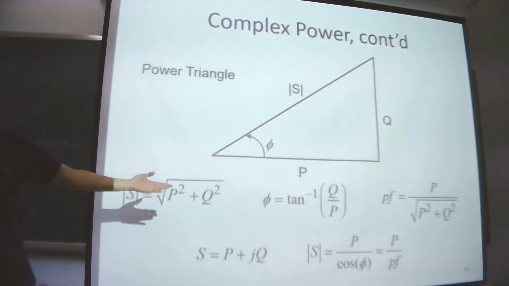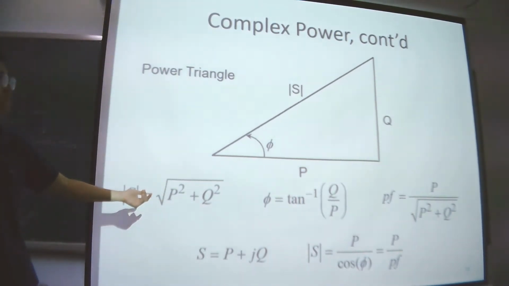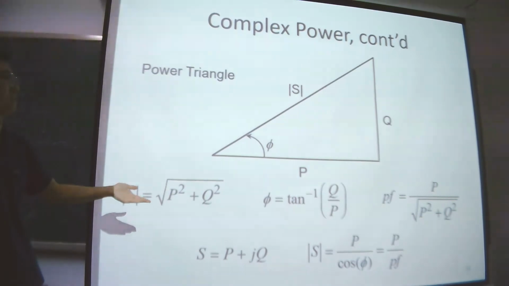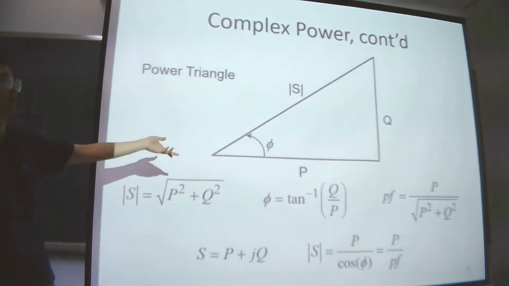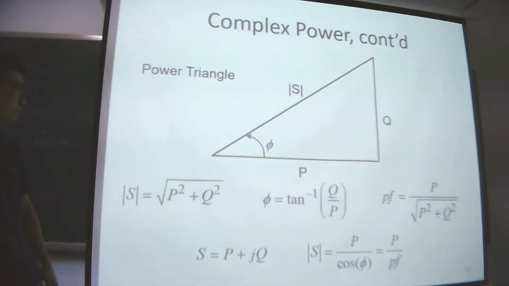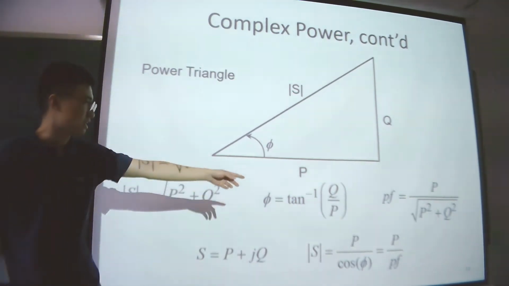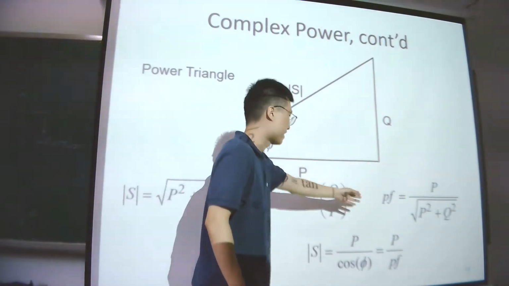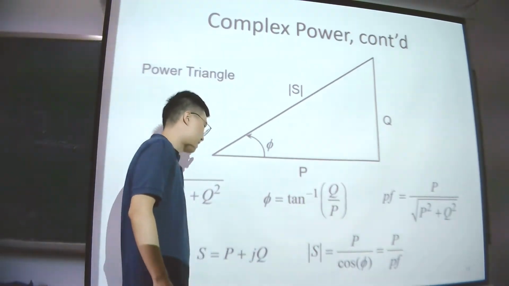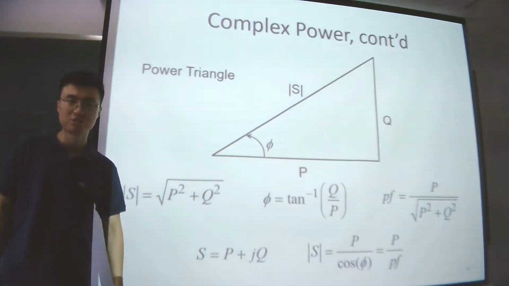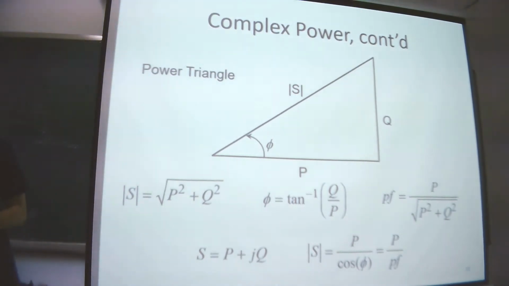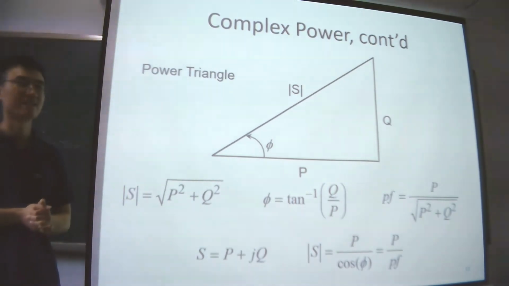So everything you can calculate from every equation, you can get directly from this triangle. The PF is the power factor, and S is the complex power, right? Everybody understand this? It's pretty easy, right?